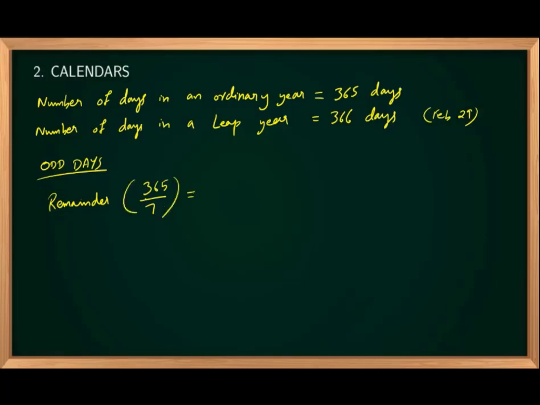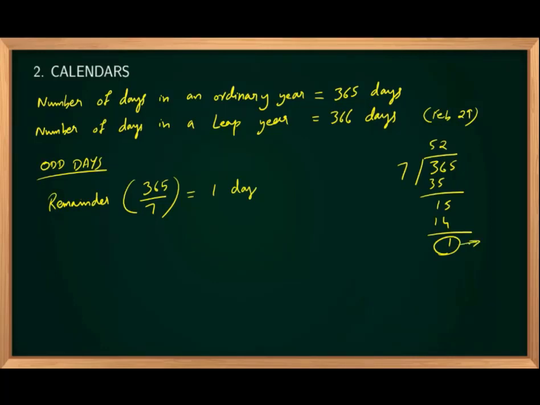365 divided by 7. 7 into 5, 35. So we can properly divide it 5 times, then 15, 2 times 14, we get odd days as 1 day. This is the odd day.